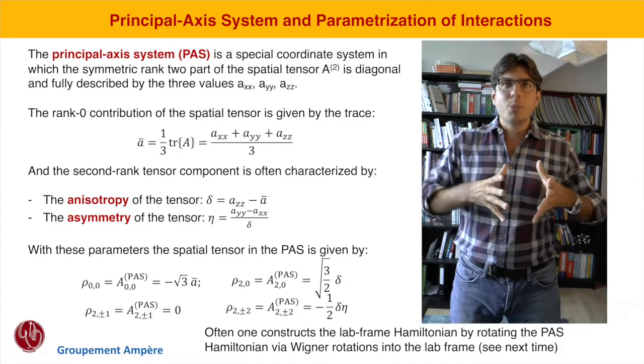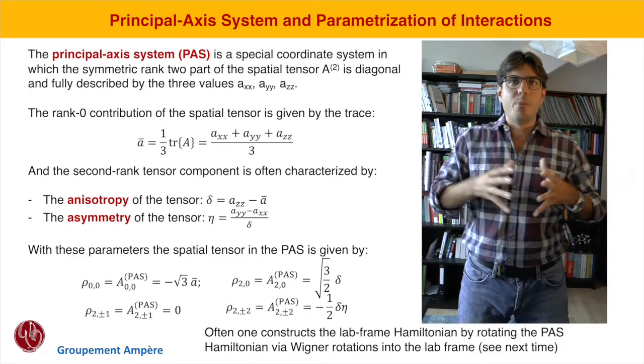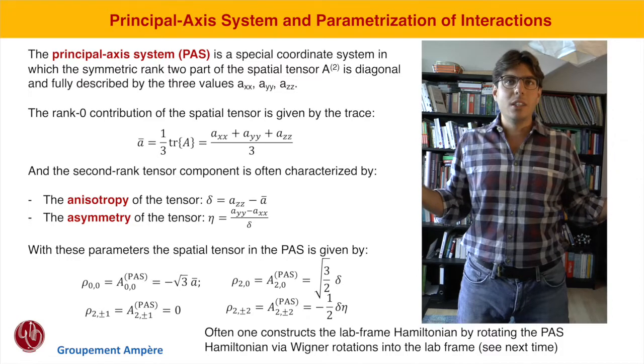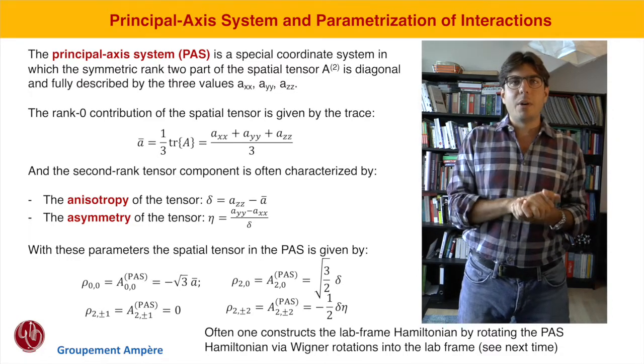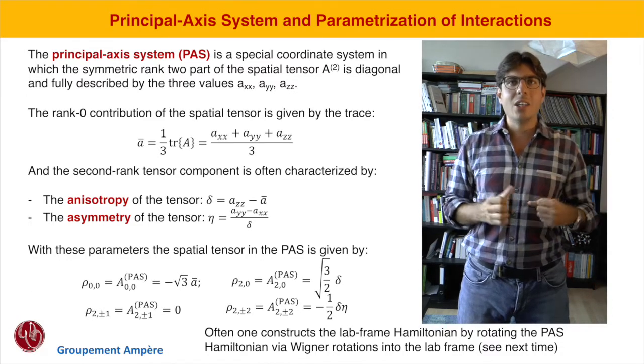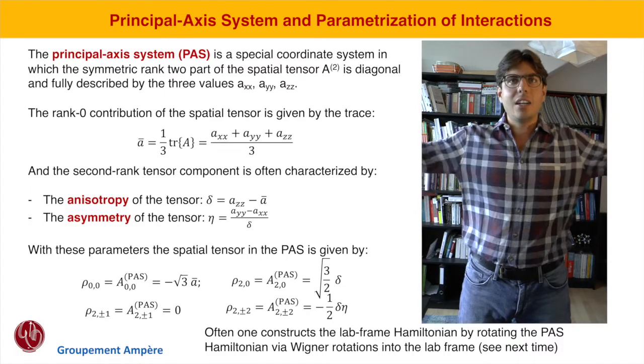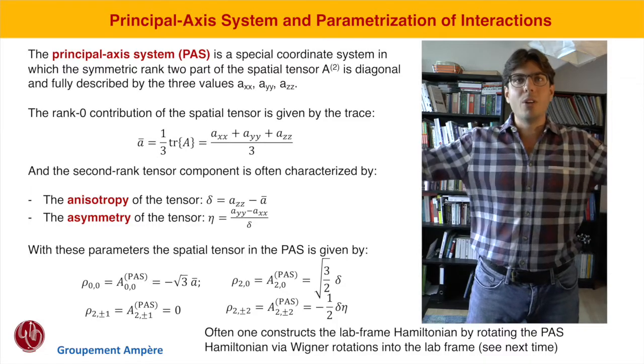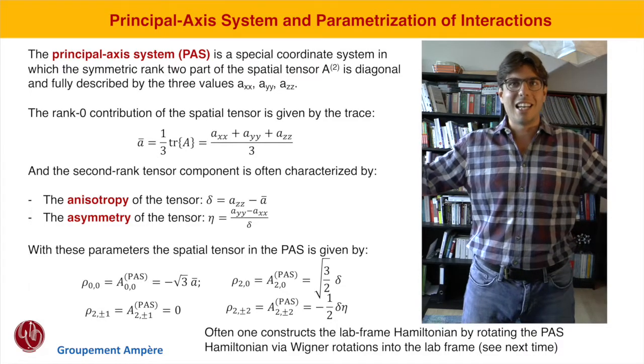The anisotropy gives us an idea of the breadth of the tensor, so of how big your interaction actually is. For example, if you think about a dipole coupling, the higher the delta, the larger your dipole coupling interaction and the broader your line is going to be in a static case.